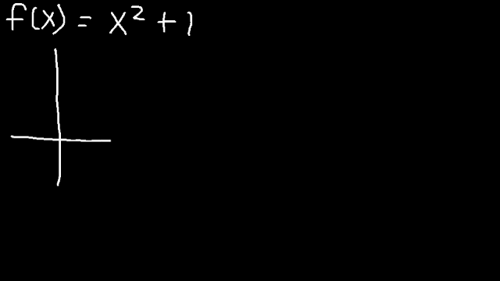Now, how can we approximate the area using Riemann sums, using the left, the right, and the midpoint? Well, let me give you a general idea of what we're going to do. So here is the function, just the right portion of it, and we want to find the area between x equals 0 and x equals 2.